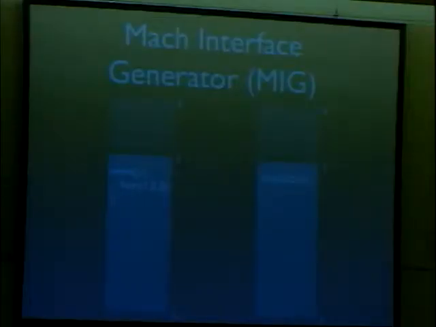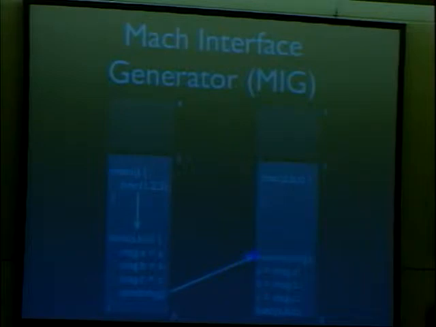MIG simplifies RPC. For example, if main wants to call func, which is in another address space, MIG generates func in the first task, which looks exactly like func in the second task, but it just combines the arguments into a message and sends it to the other task.